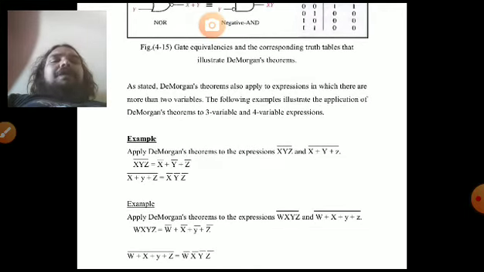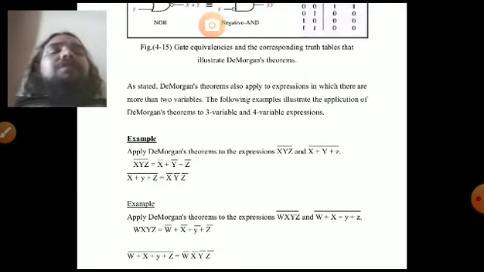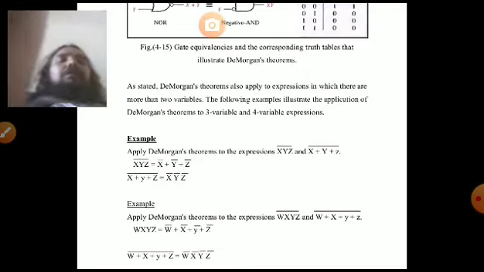For example, applying De Morgan's theorem to an expression of 3 variables, the input variables are x, y, z. De Morgan's first theorem expression is (x y z) whole bar is equal to x bar plus y bar plus z bar.